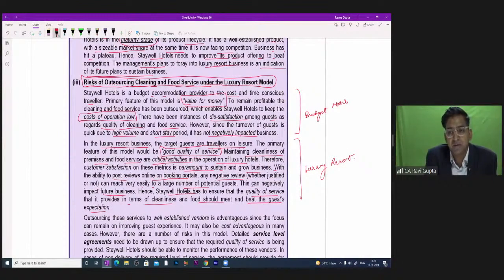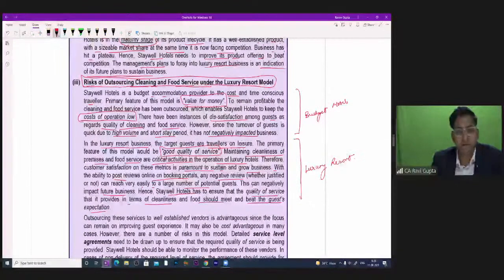But if we consider the luxury hotel, those guests who are on leisure, definitely, today we have social media and social marketing, and if anyone does a negative posting of our issues, definitely it is going to impact our business as well.